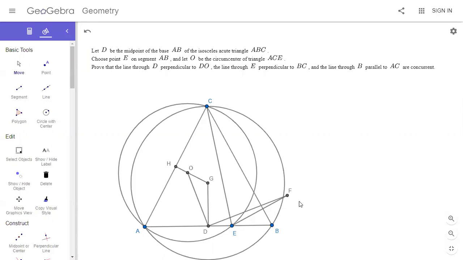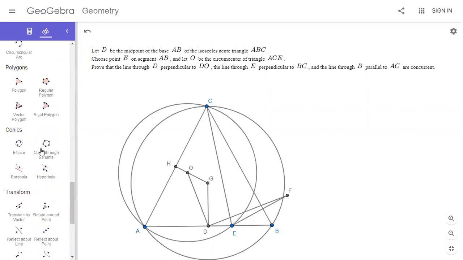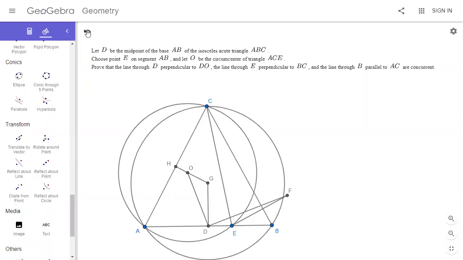Can you draw the circumcircle of ODF again? ODF, sure. Yeah, I'm going to erase what I just did.